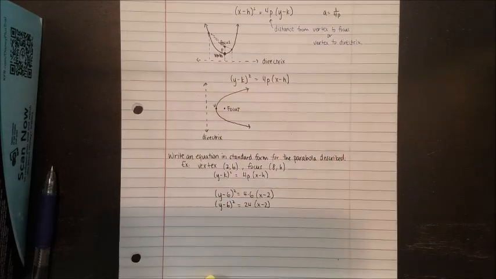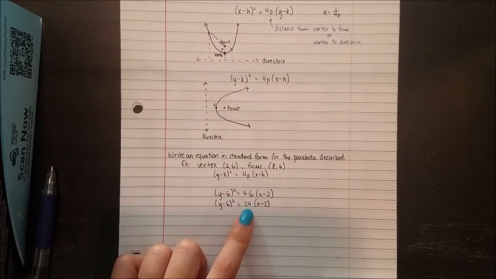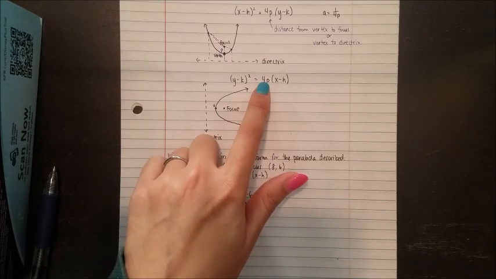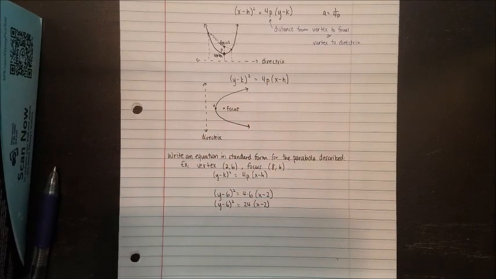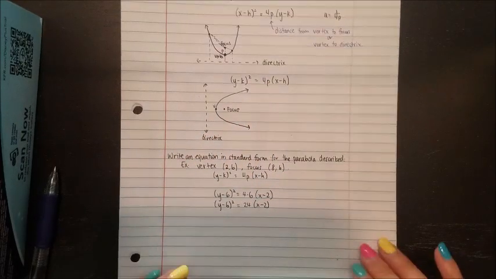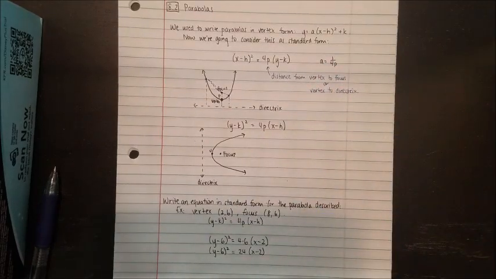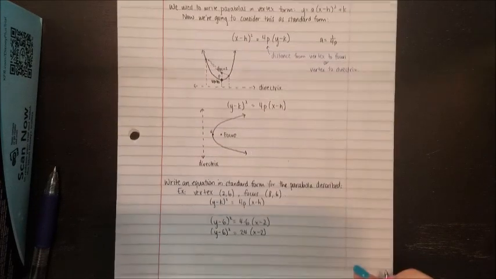There's my equation. The one thing you have to think about is that because my parabola was facing to the right, this part, 4p, matters. Remember how when we talked about a up here, that determined whether it faced up or down? Same thing with the right or left.